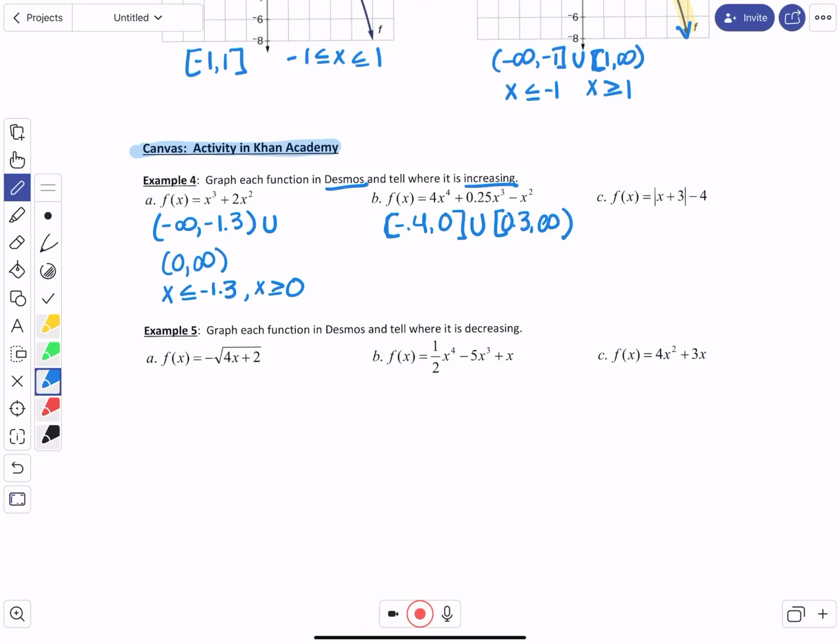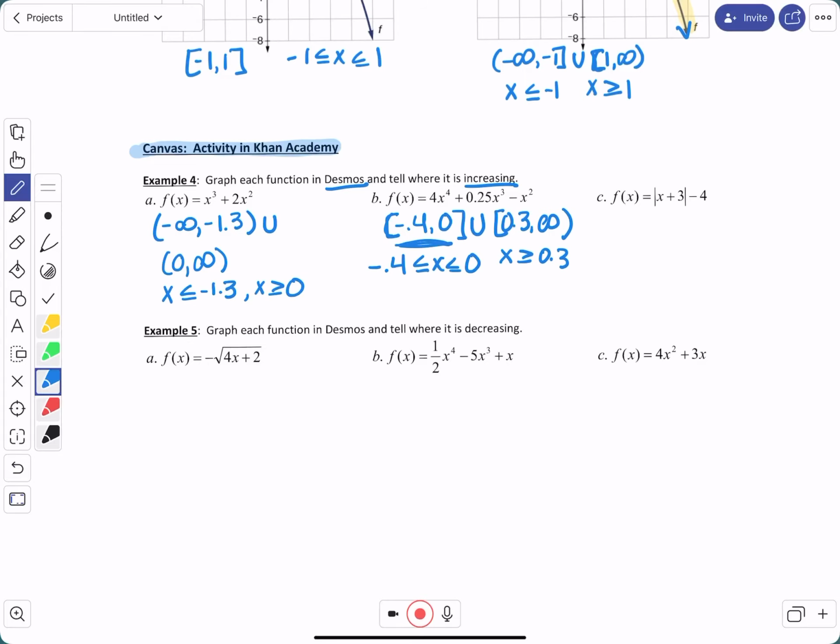And if I do these as inequalities, this one right here is a compound inequality, so it's going to look like this: negative 0.4 less than or equal to x less than or equal to 0. And since this is infinity, we say x is greater than or equal to 0.3 because infinity is bigger than 0.3.